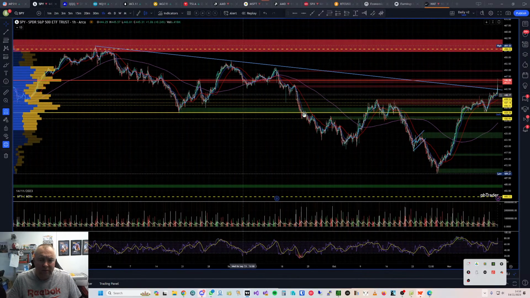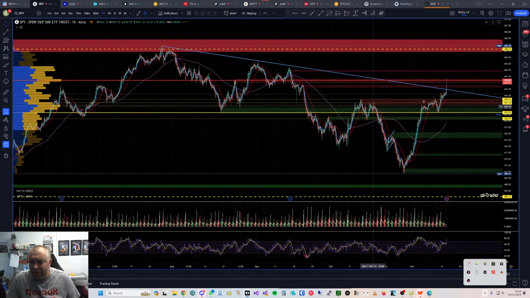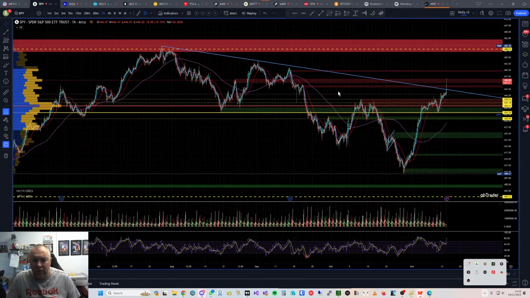SPY next, probably very similar. We've broken that area we were watching in the pre-market. 450, I think that's the next area. So a round number as well, 450. We've broken over, interesting, we've broken over this daily downward trend line.